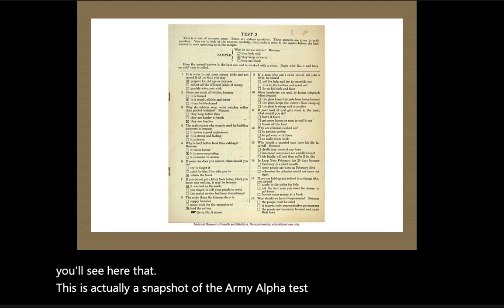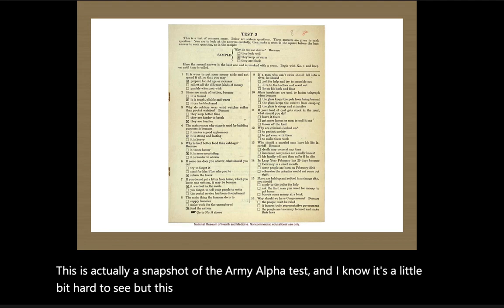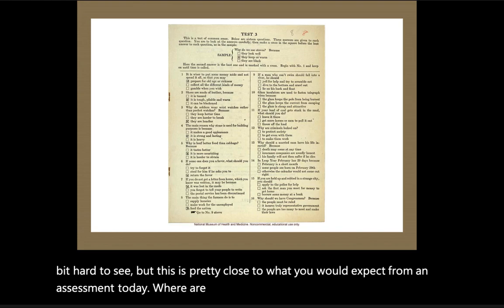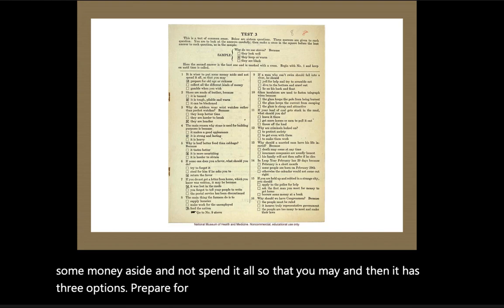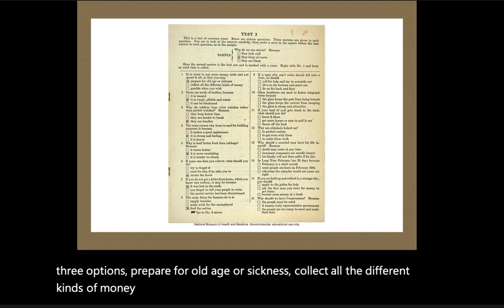I know it's a little bit hard to see, but this is pretty close to what you would expect from an assessment today, where you are asked questions like, is it wiser to put some money aside and not spend it all so that you may, and then it has three options: prepare for old age or sickness, collect all the different kinds of money, or gamble when you wish.